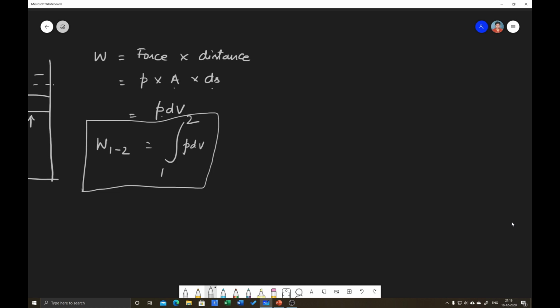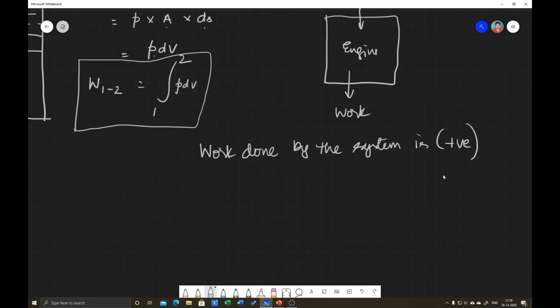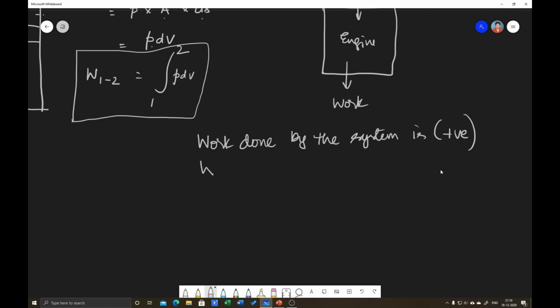So here, as I said earlier, what is the purpose of an engine? Engine has to take heat and it should produce work. So work done by the system is positive, because whatever work is coming out of the system is positive, since our aim is to get work from heat. Work done on the system is negative.